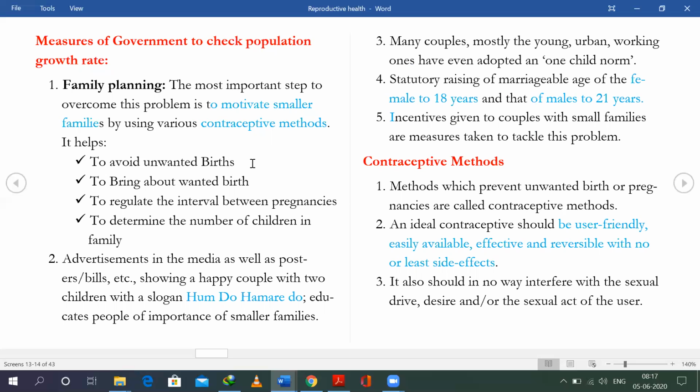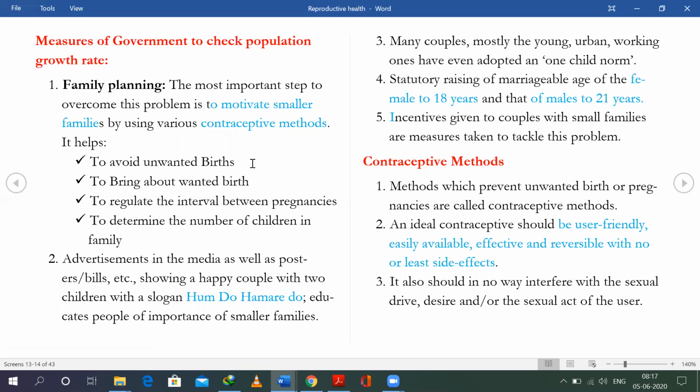These unwanted births can be due to various reasons, because of child marriages that can happen, or the child being put to sexual abuse or sexual crime, right? So in that situation, the birth is unwanted. The birth is unwanted, that can be avoided.